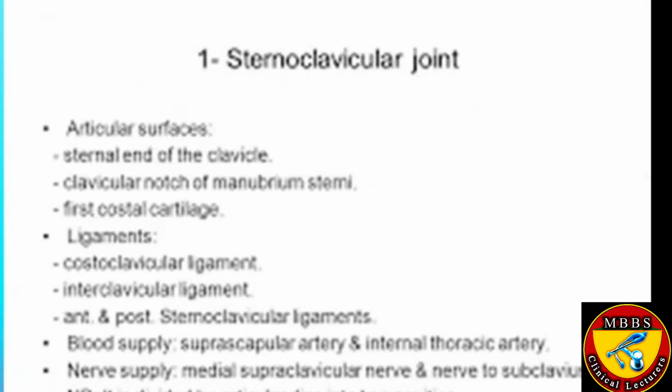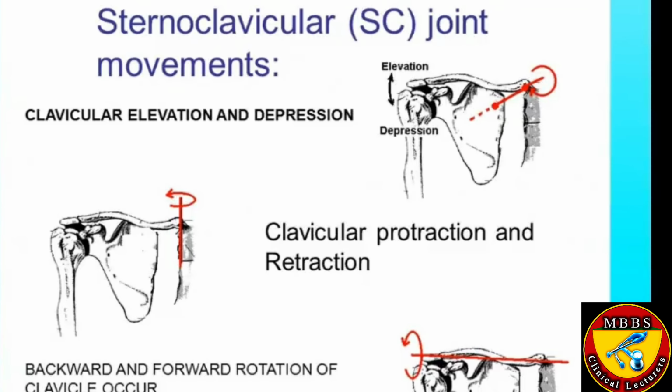The blood supply is from the suprascapular and the internal thoracic artery, and the nerve supply is from the medial suprascapular nerve and the nerve to subclavius. We have also discussed that it is divided by the articular disc into two cavities, and that is why it is a compound type of joint.